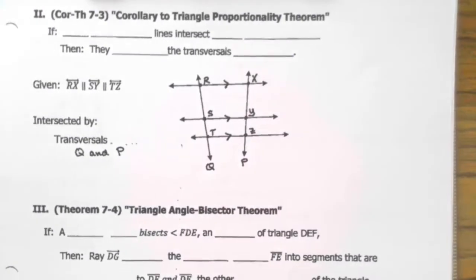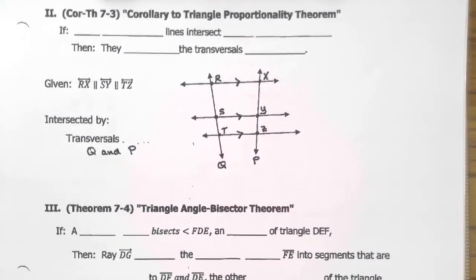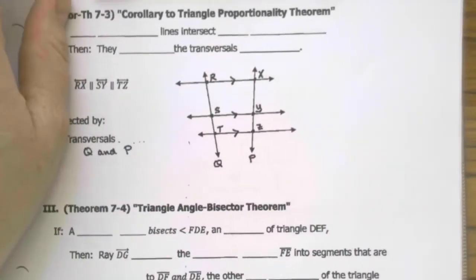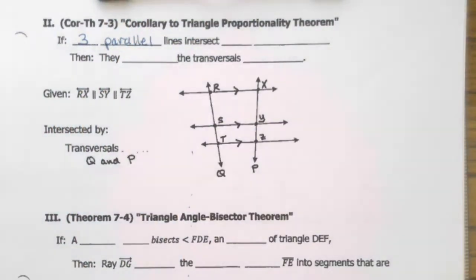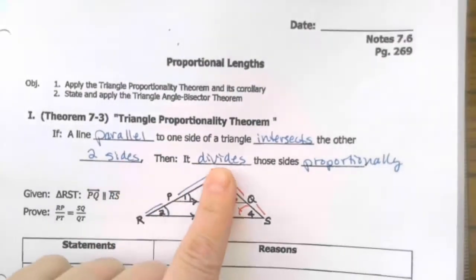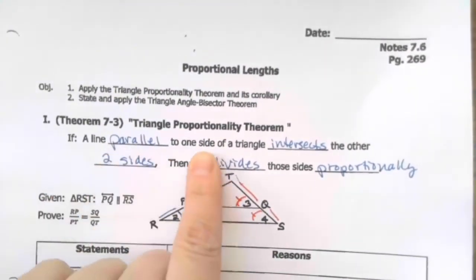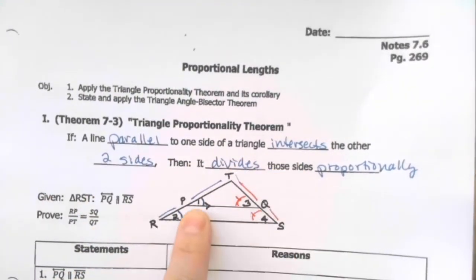Okay, so remember that a corollary means it's so closely related it didn't have to be proved separately. So this is the corollary to the triangle proportionality theorem that says if three parallel lines, so the triangle proportionality theorem is if there was one line parallel to another line that was in a triangle.